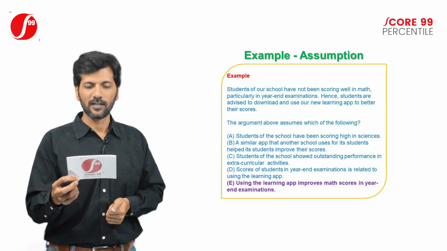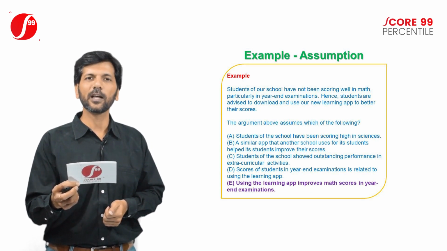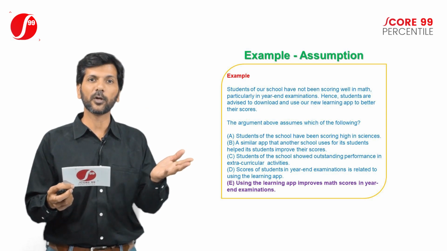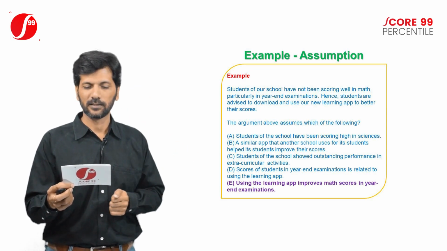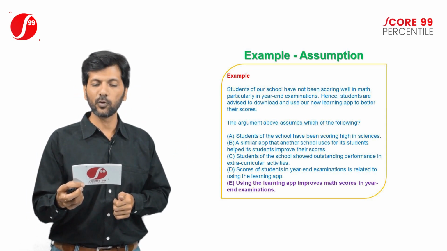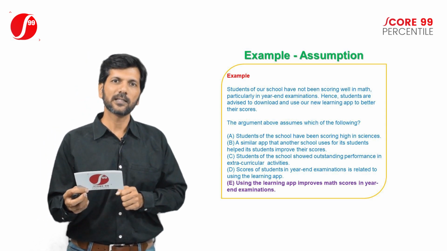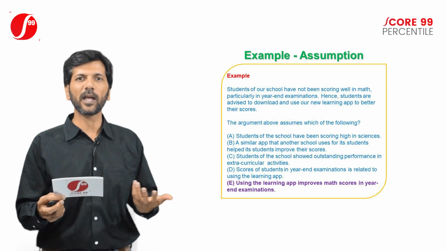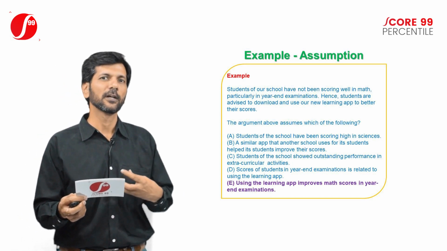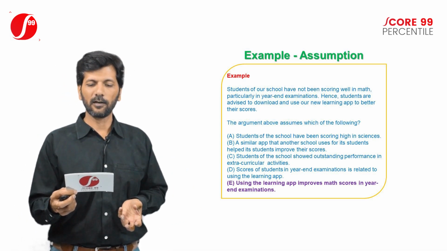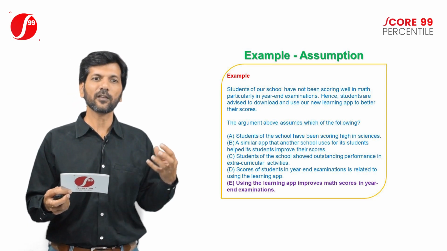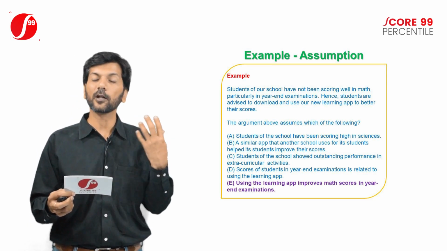First choice says, students of the school have been scoring high in sciences, out of scope because we are concerned with math. Choice B: a similar app that another school uses for its students helped its students improve their scores. A similar app in a different school may have helped students improve their scores, but again this is not really relevant to our context, primarily for a couple of reasons.